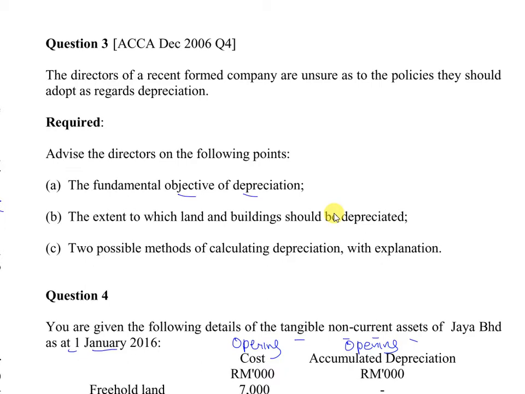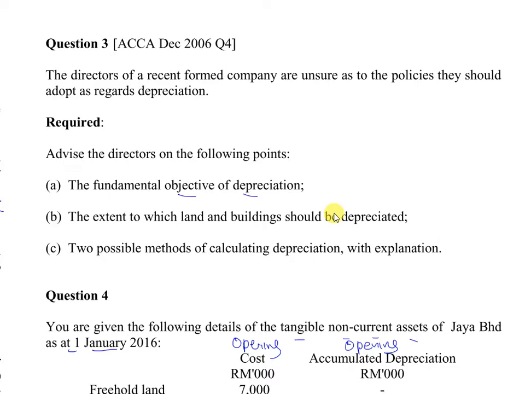What's the fundamental objective of depreciation? Because of the matching concept. I buy the asset for 50 years, it can generate income for 50 years. Let's use a plant example. I buy the plant for 10 years, I can generate income for 10 years. So if I get income, I must match it with expenses. What is this expense cost?